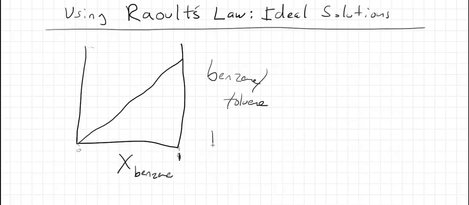And we know for either one of these, let's just be specific, the vapor pressure of benzene is going to be equal to the mole fraction of benzene times the pure vapor pressure of benzene. So we can see that's going to be a nice straight line. And over here, we're going to have the vapor pressure of pure benzene.